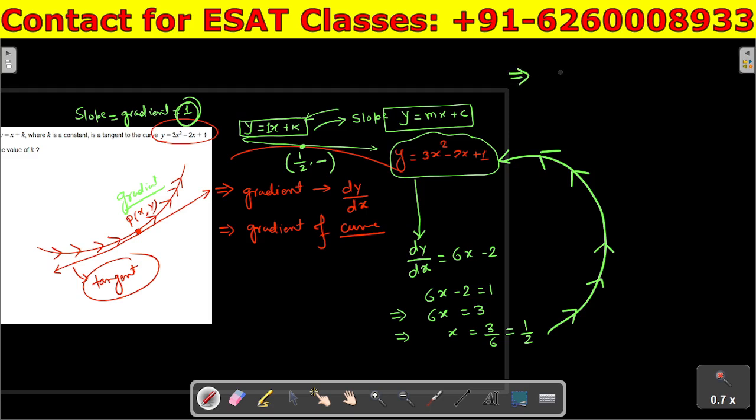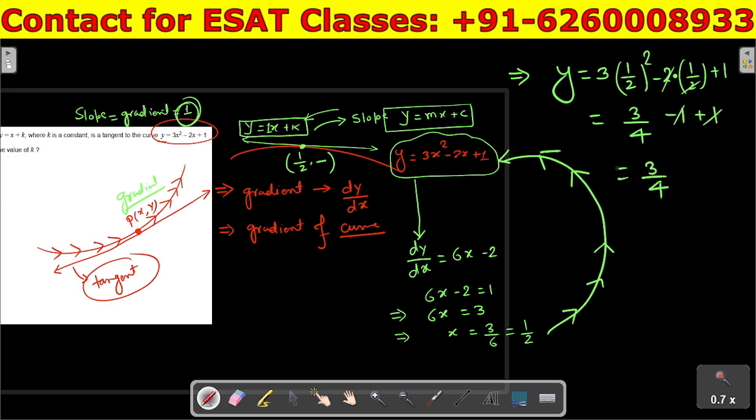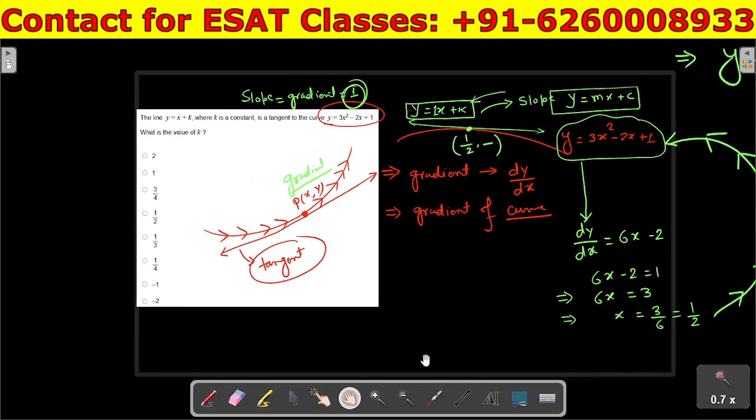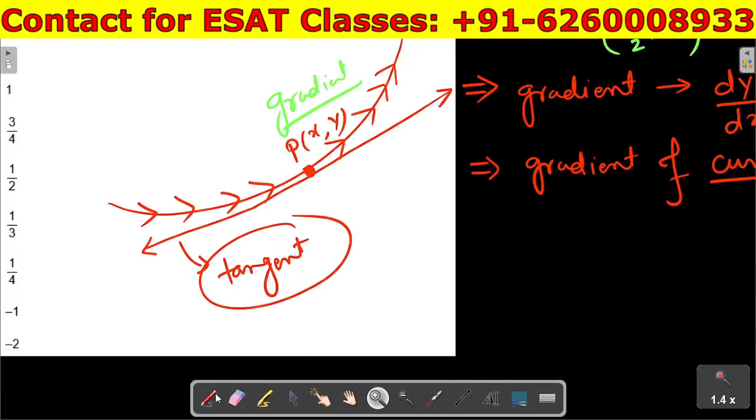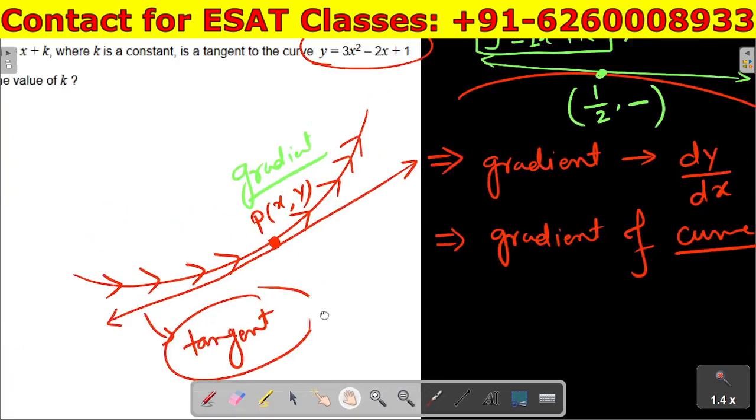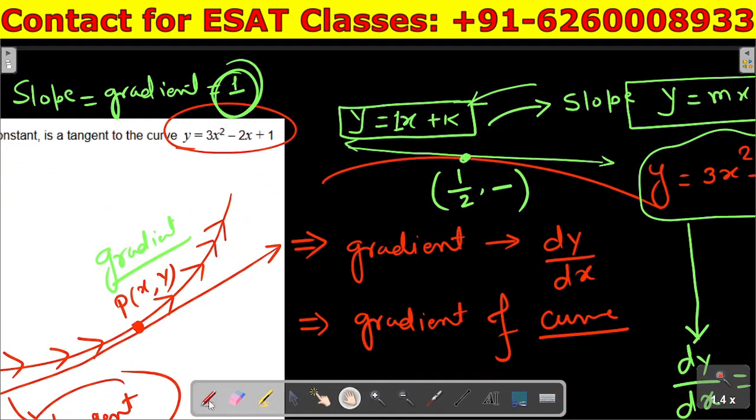So y equals 3 times 1 by 2 whole squared, minus 2 times 1 by 2, plus 1. This is 3 upon 4, the 2 and 2 cancel out, minus 1 plus 1 cancels out. So y equals 3 by 4, and its y coordinate will be 3 upon 4.